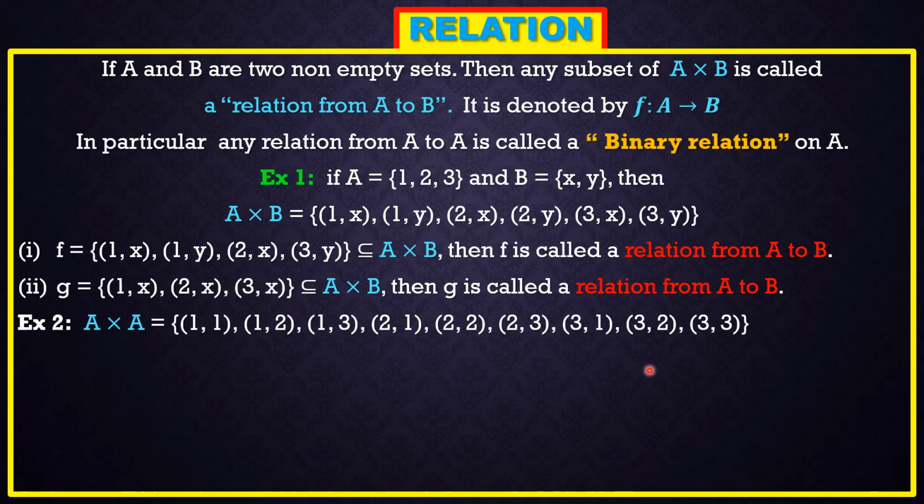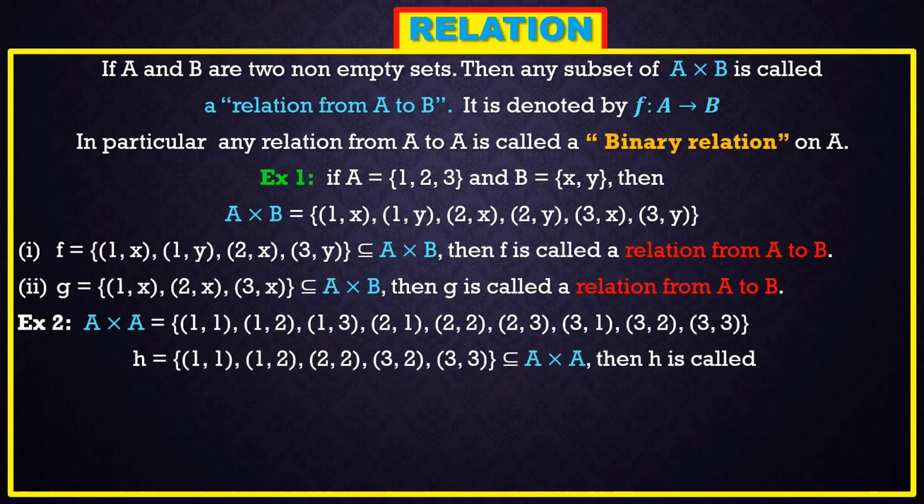Here we take the related elements into the same set. So this is A cross A. So this is a binary relation.